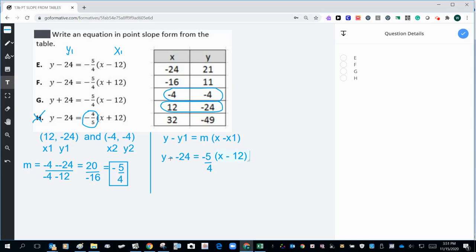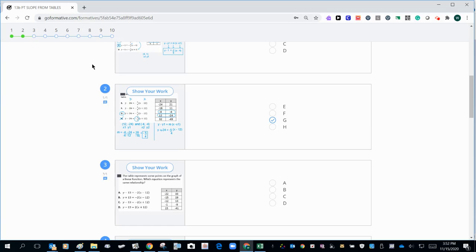Now please remember that a negative here becomes a positive. So make sure that this one is going to become a positive. And if we look over here, our correct answer will be letter G. So click right there. Let's double check. That is the green light.